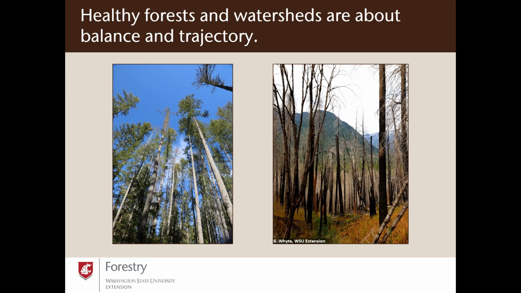Or is it going to grow into whatever our desired future condition is, whether it's to let it grow towards old forest, old growth conditions, or to grow towards a harvestable product, and so forth. So when we assess a stand and look at the objectives, we ask: is this stand on track to meet our objectives or not? And if not, we might need to do a course correction through some sort of management intervention.